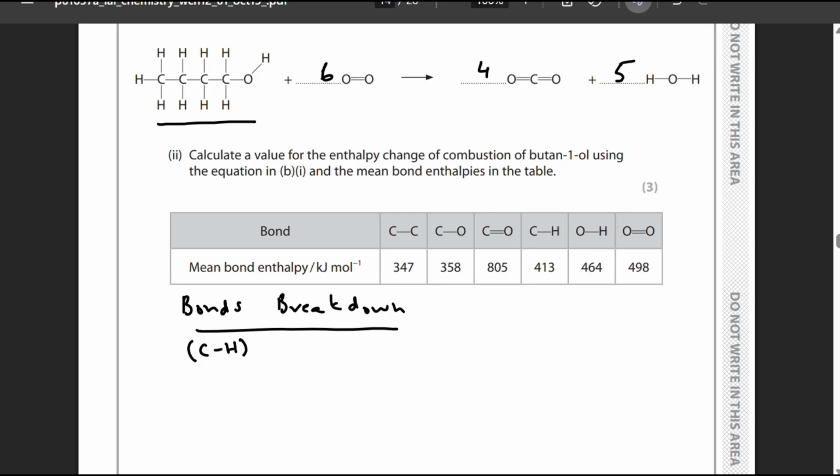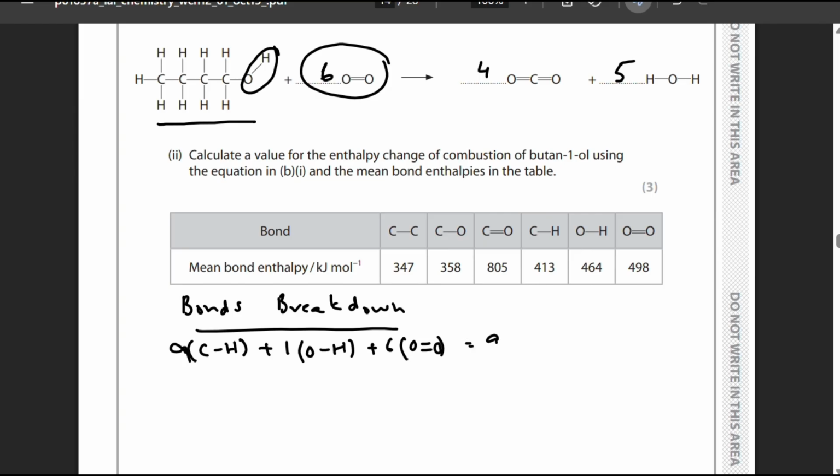And how many bonds of carbon and hydrogen are here? 9. One bond of oxygen and hydrogen, and 6 bonds of oxygen and oxygen.